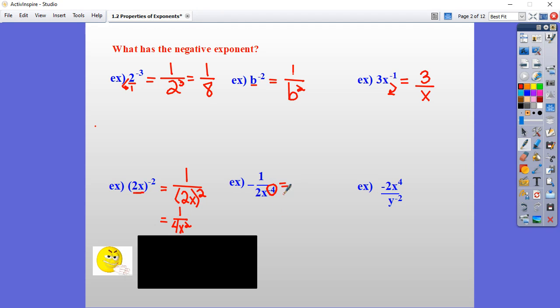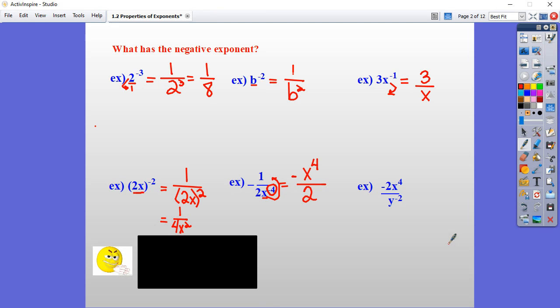So I ask, what has that negative? Simply x. And so the x is going to get flipped to the numerator, and then the exponent becomes positive. Now, you don't need to put the 1 out in front, but the negative you can put out in front or you can put in the numerator, and then that 2 stays where it is. And so we get the opposite of x to the 4th over 2.